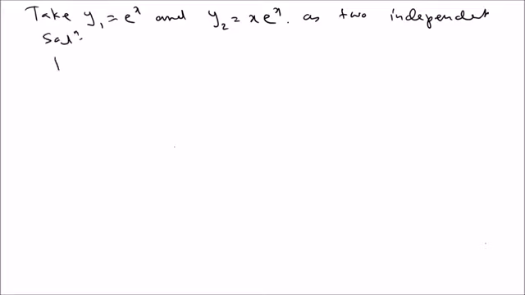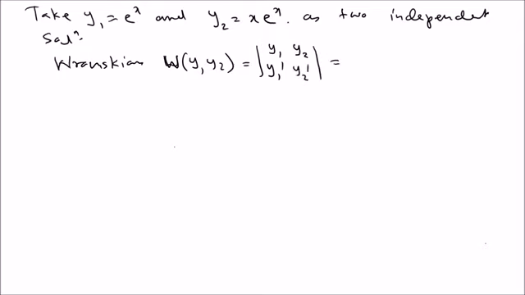Now the Wronskian W(y1, y2), so y1 first: the determinant with rows y1, y2 and y1', y2'. If you plug in, you get e^x, x e^x, e^x, and e^x plus x e^x.